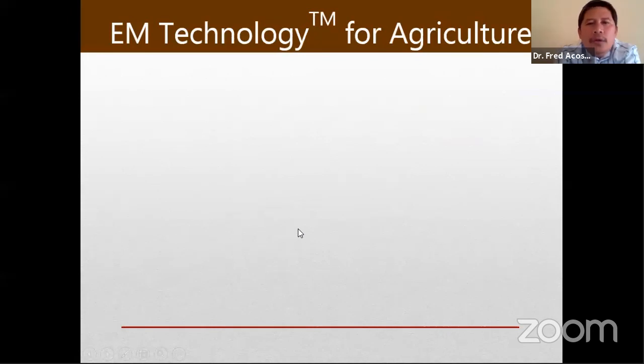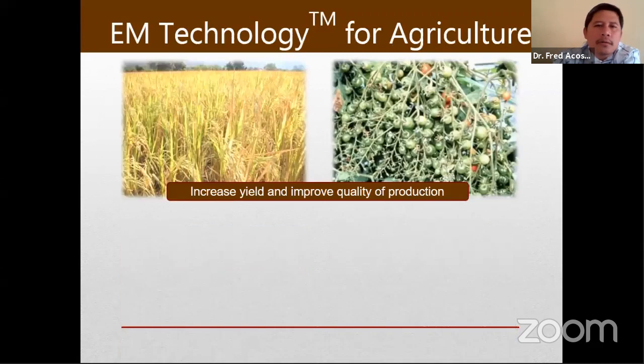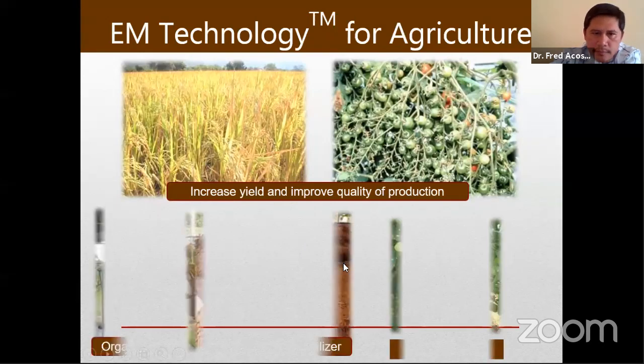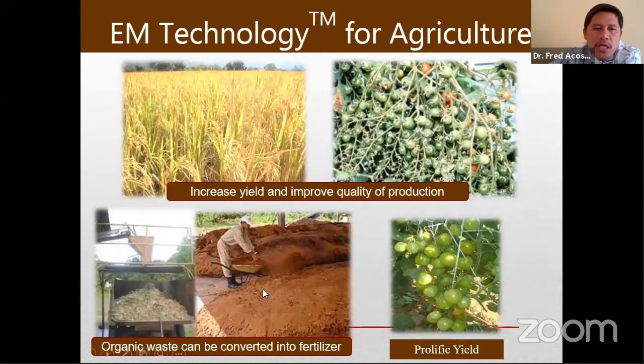So EM technology is widely used for agriculture. As I mentioned, EM technology increases yield and improves the quality of production. If you're a rice farmer, a vegetable farmer, or a fruit-producing farmer, you can use EM technology. You can also use it to manage your waste and convert this waste into fertilizer.